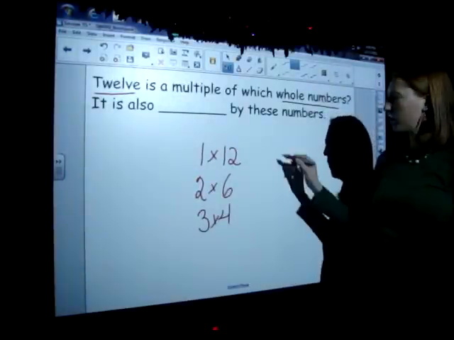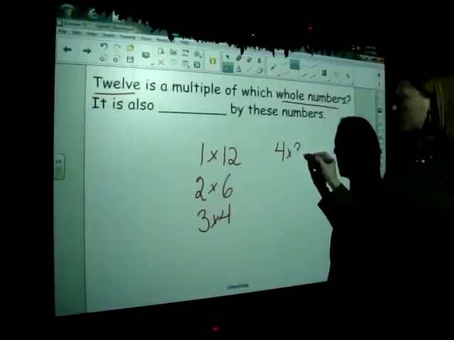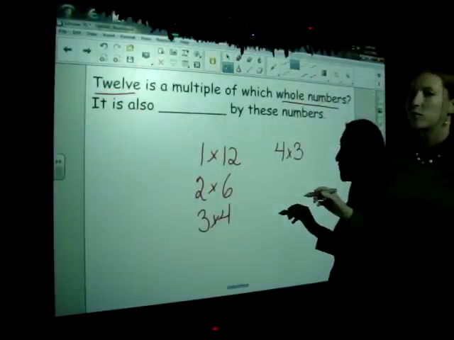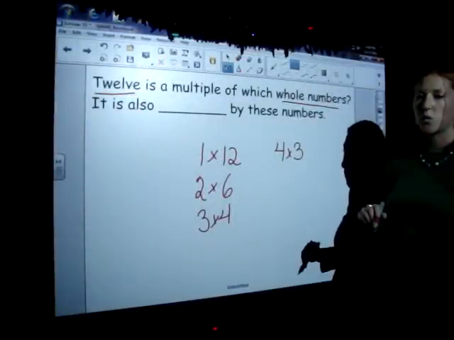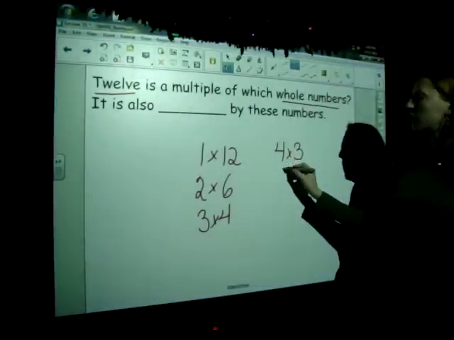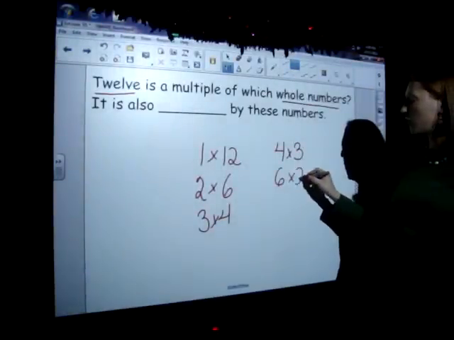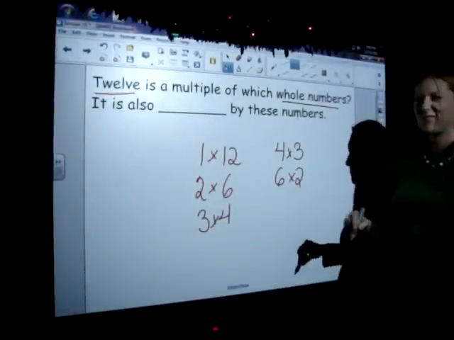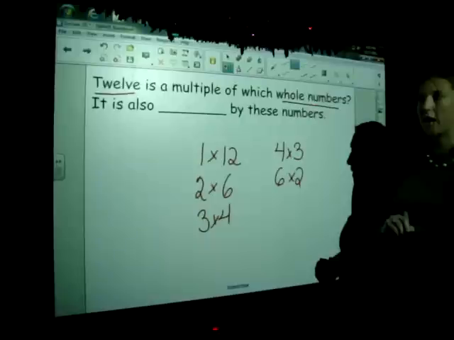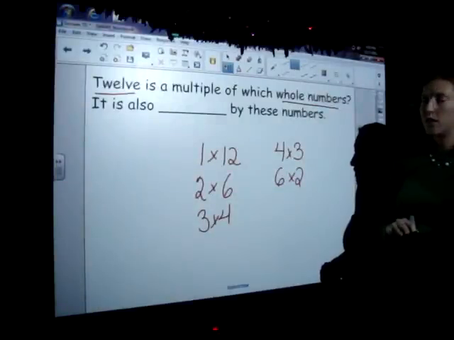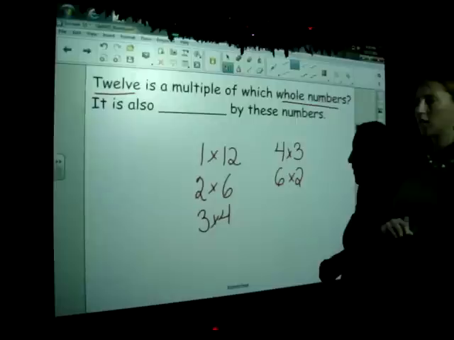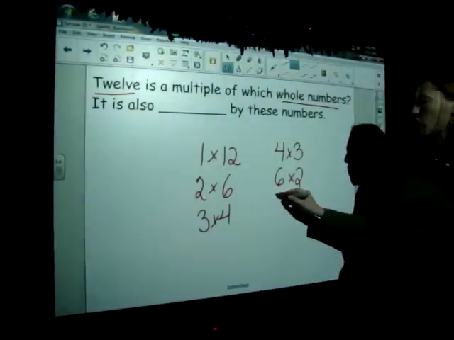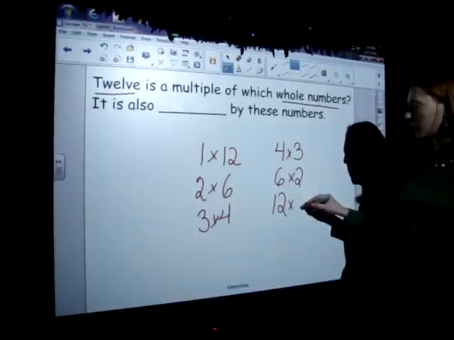What about 4? 4 times 3 equals 12. 5, there's no number times 5 that equals 12. 6 times 2 equals 12. 7, there's nothing times 7. What about 8? No. 9, 10, 11, and we're back at 12. And 12 times 1 equals 12.